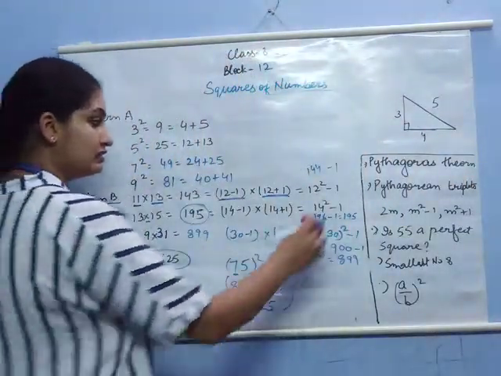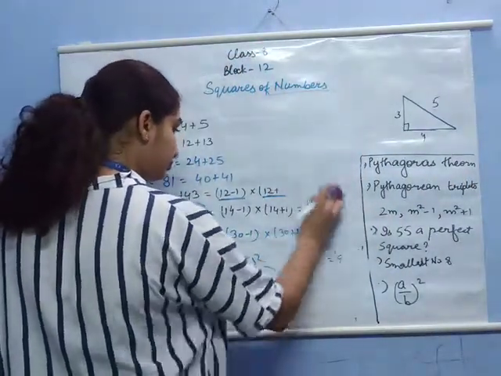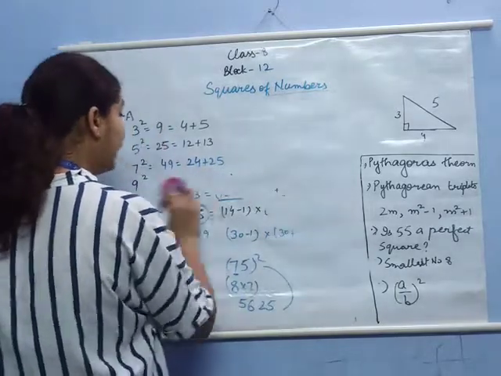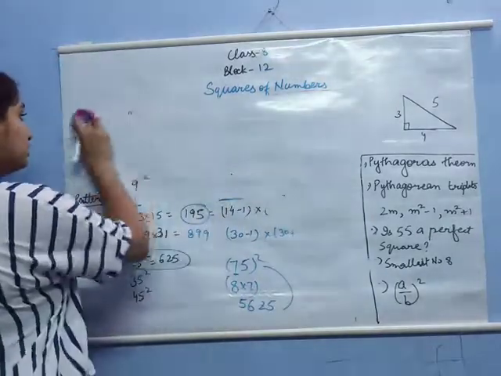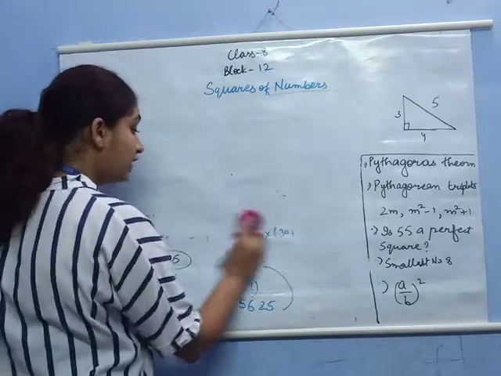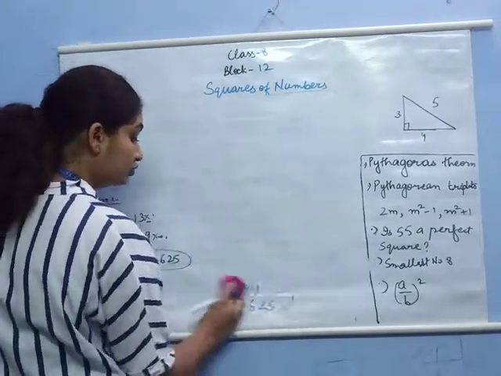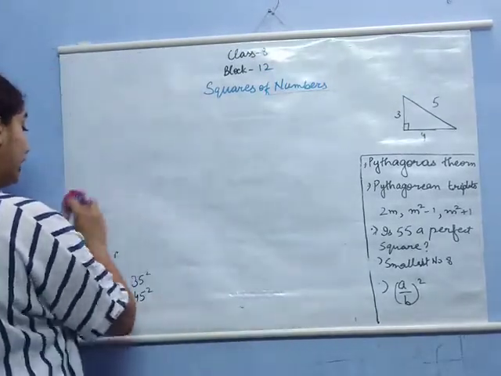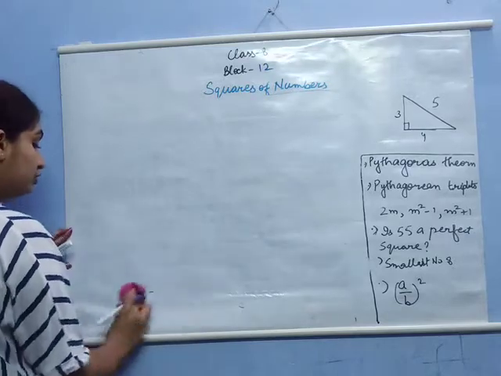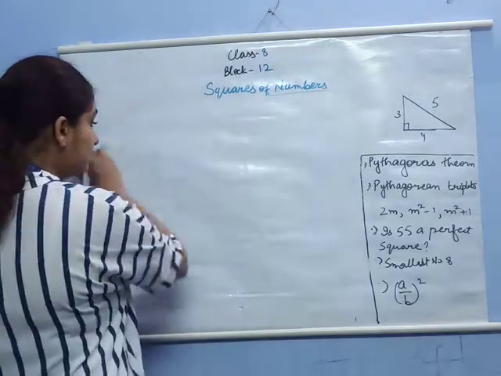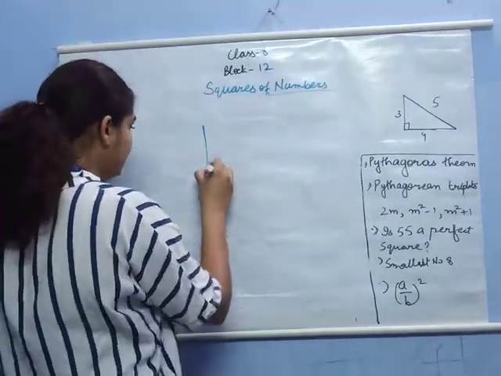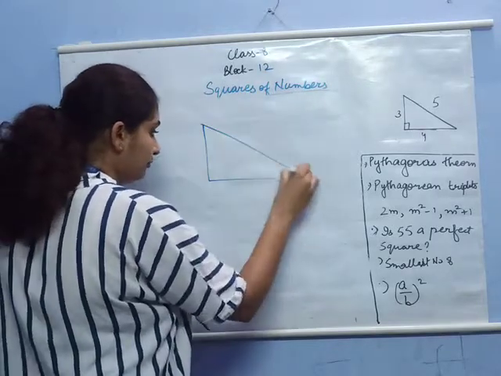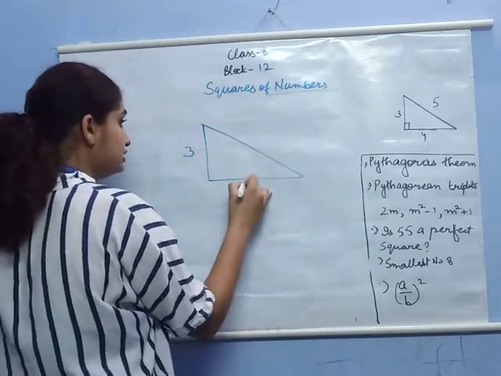These are the patterns related to squares. Now here comes the Pythagoras theorem. The Pythagoras theorem states that the sum of the squares of two sides of a triangle is equal to the square of the third side. See, this is 3, this is 4.